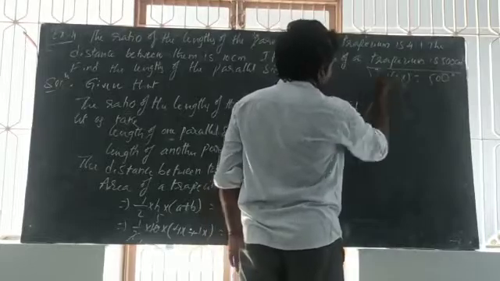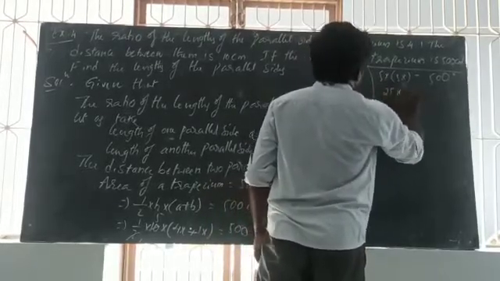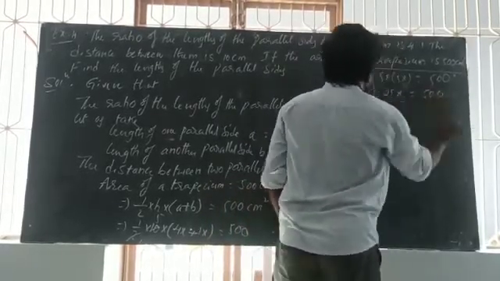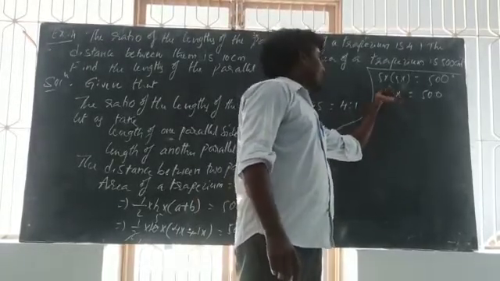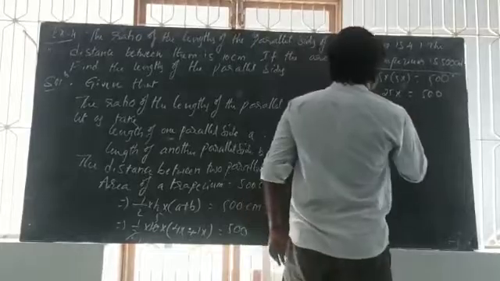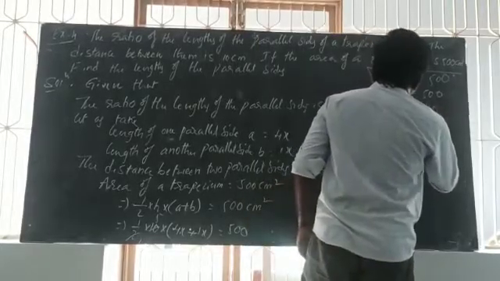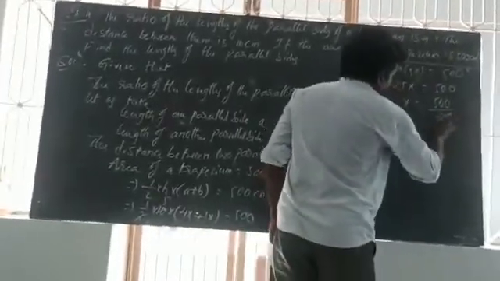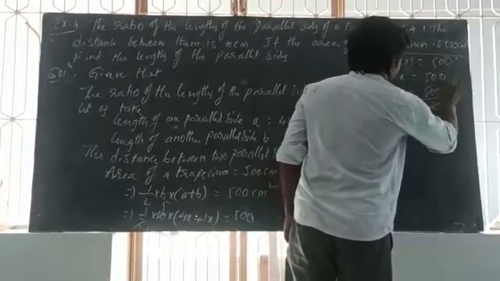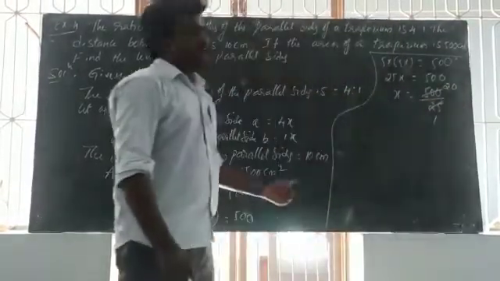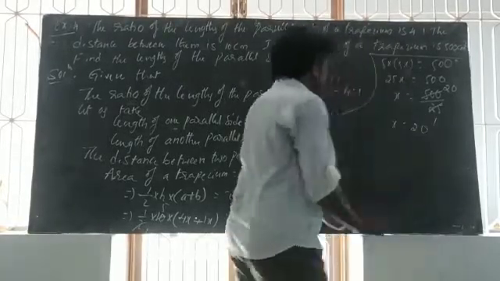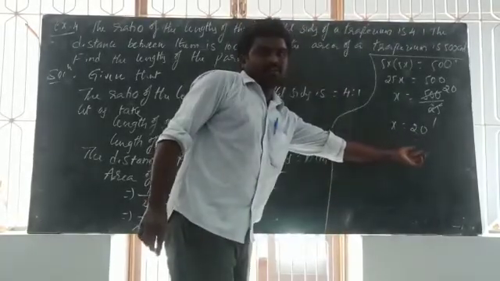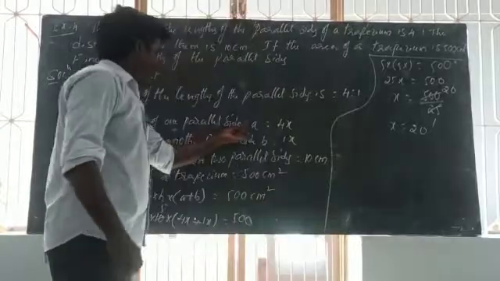So 5 fives are 25x is equal to 500. 25x means 25 into x. This 25 is going to divide. So x is equal to 500 by 25. So 25 ones are 25, 25 twos are 50, 25 times 20 is 500. So x is equal to 20. That means each part is 20.